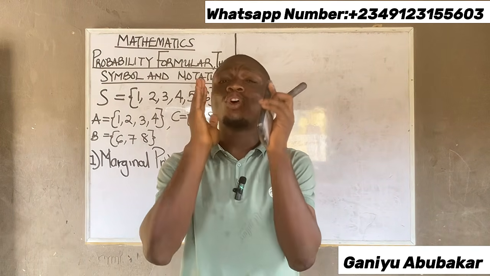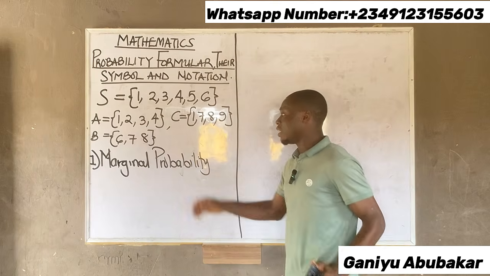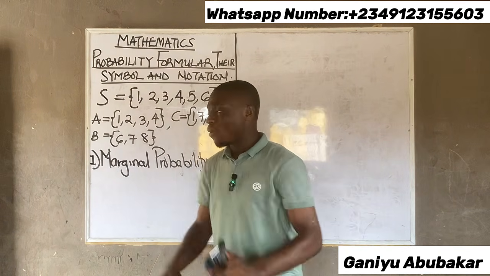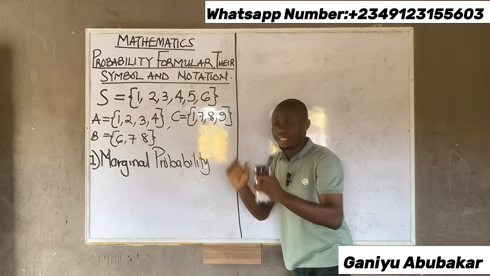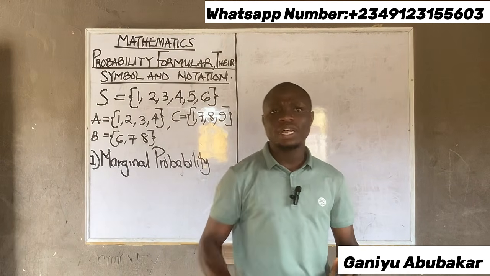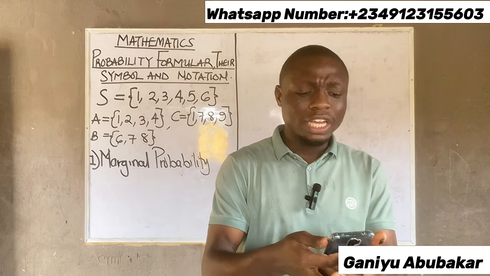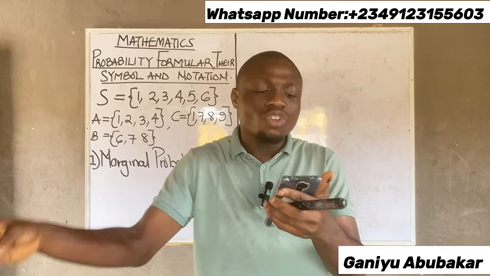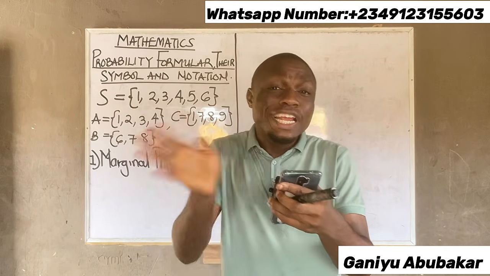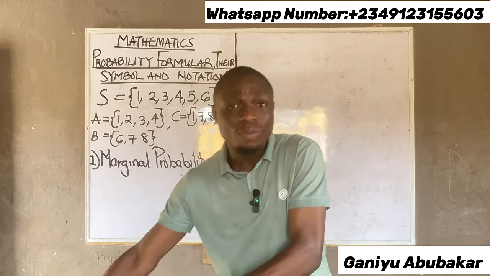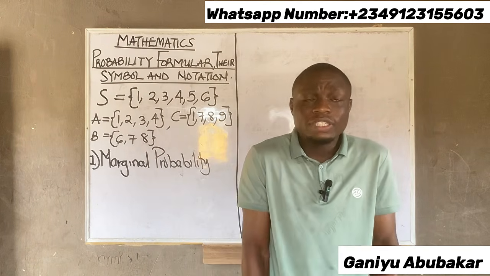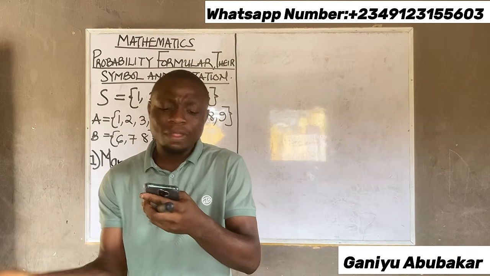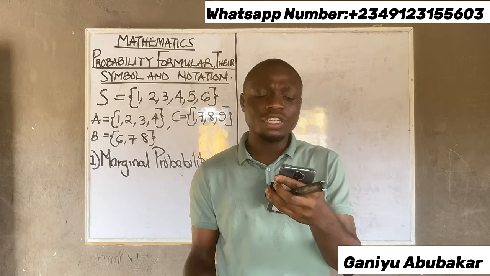Why? Because I just picked only A. If I say what is the probability of B only, or the probability of C only, that signifies a marginal probability: the probability of a single event occurring, not depending on any other one. It's just standing alone.